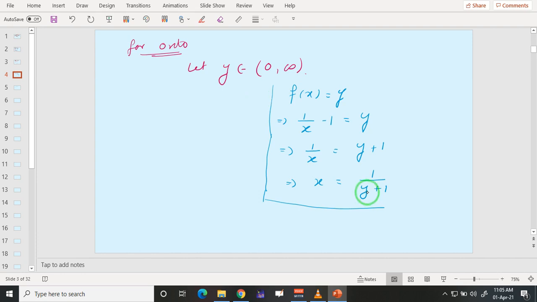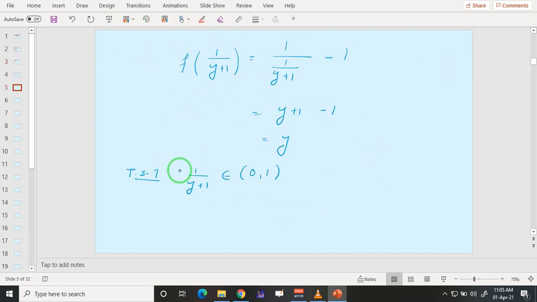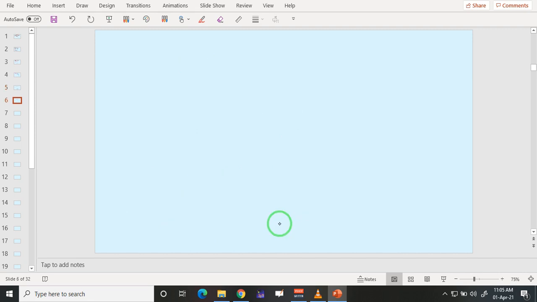So if it is less than 1, then of course that will be in the interval 0 1. So I will keep this as an exercise for the viewer to show that. Okay, so this implies f is a bijective function. Okay, one part is done.